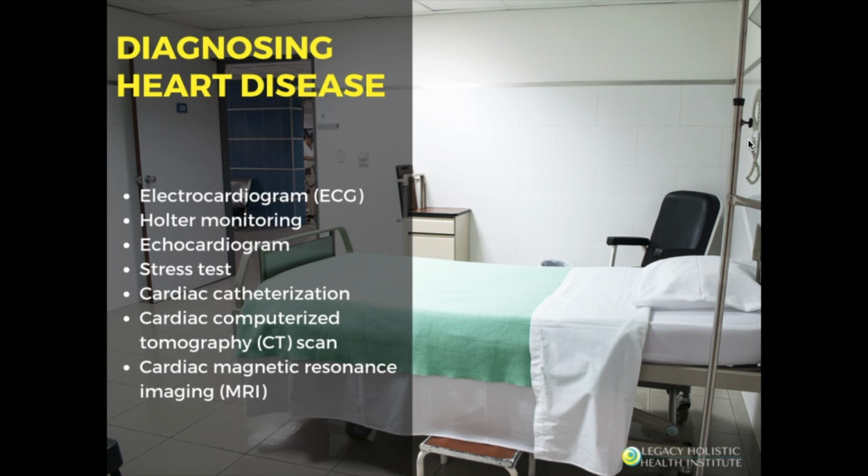Besides blood tests and chest x-ray tests to diagnose heart disease, other ones include things like an echocardiogram or an ECG. You may also see this listed as an EKG, and it records electrical signals that can help the doctor detect irregularities in the heart's rhythm and the heart structure.